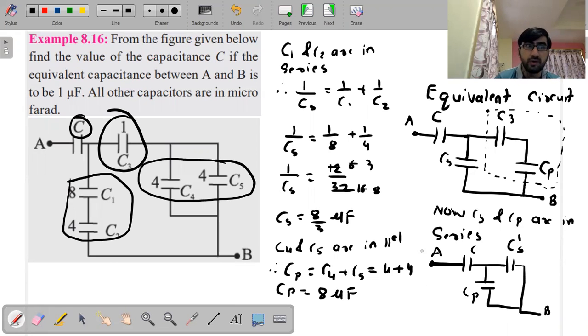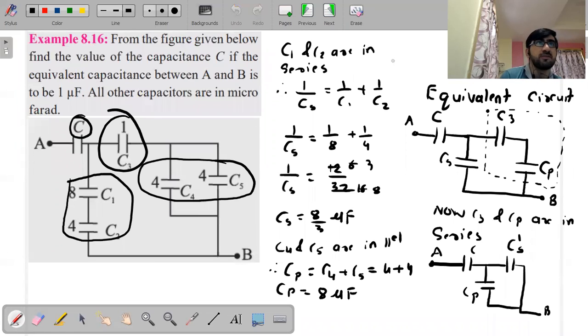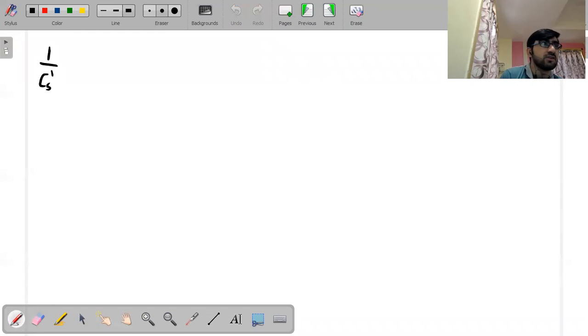So what do we know? I am extremely sorry, I have to put a new page. So how will you find CS dash? That is a simple thing. So 1 upon CS dash is going to be, C3 and CP are in series, so that is going to be 1 upon C3 plus 1 upon CP. Correct, right?